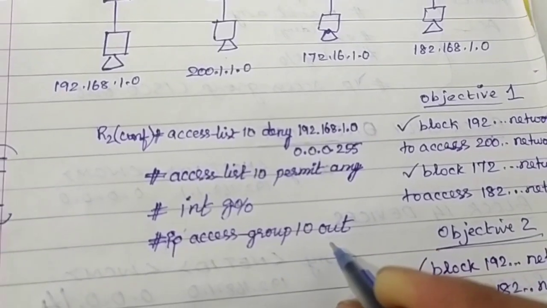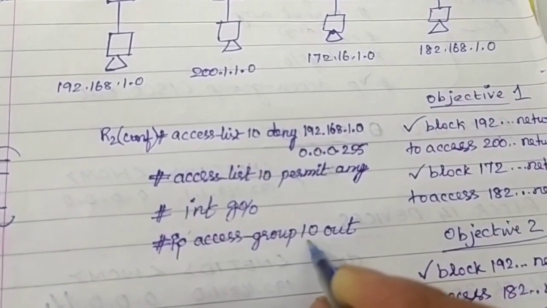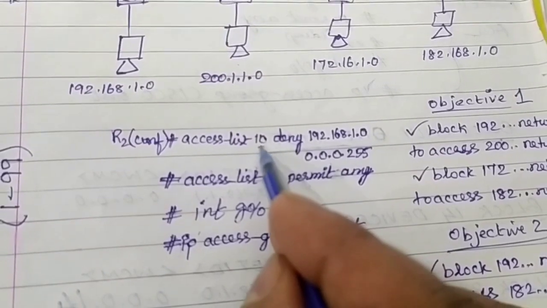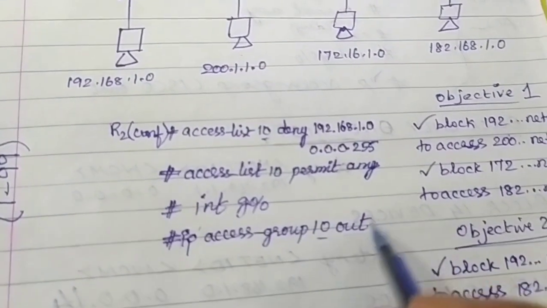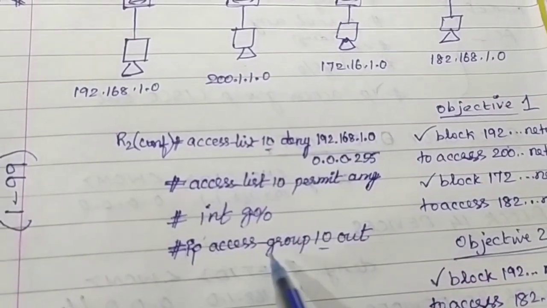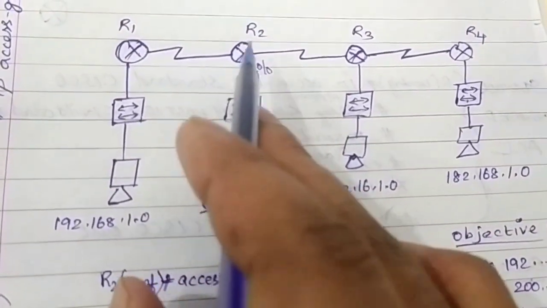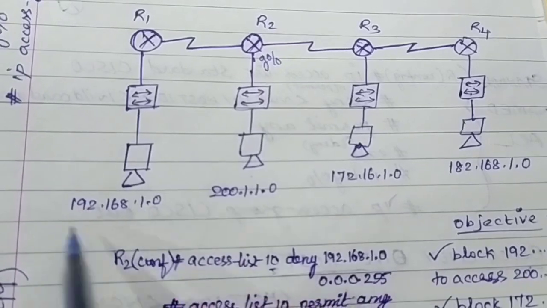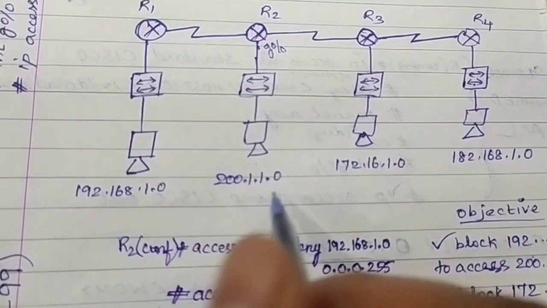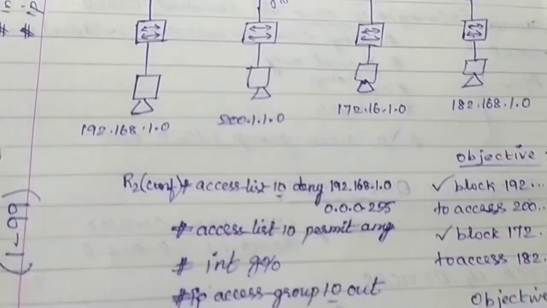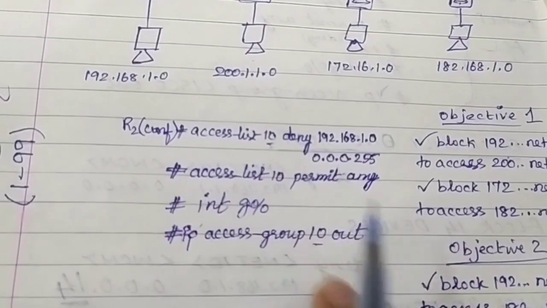This 10 is whatever number you have given in the access list. So that's it, this four-line command. If you have typed these four lines on R2, then this network will be blocked from accessing this network. Okay. Fine.